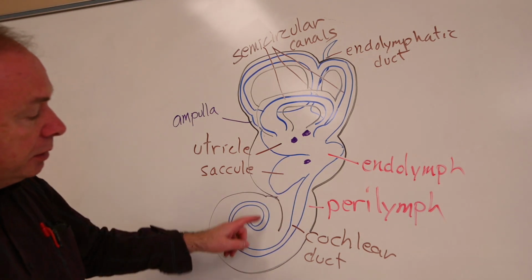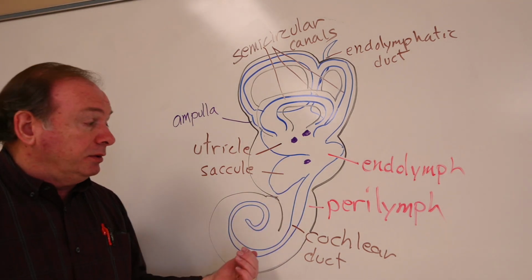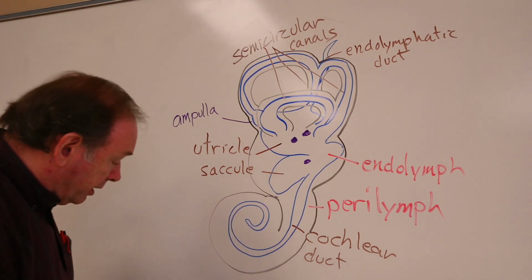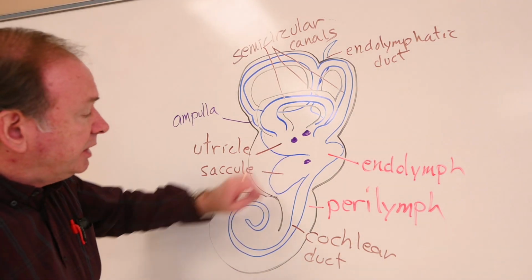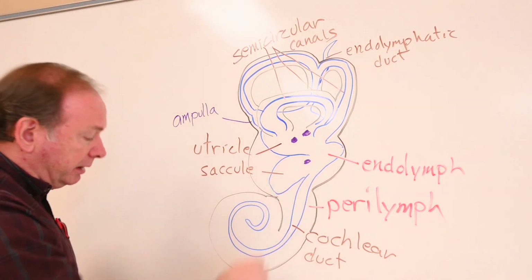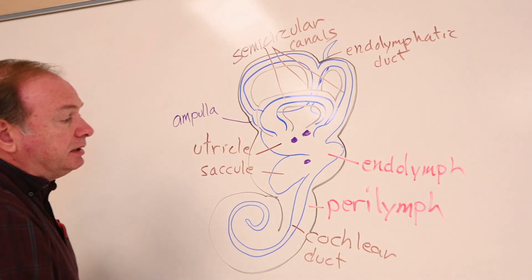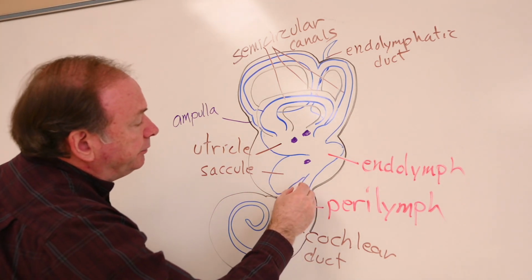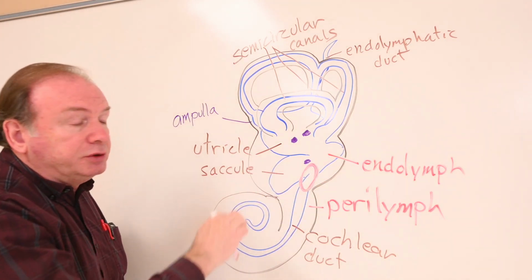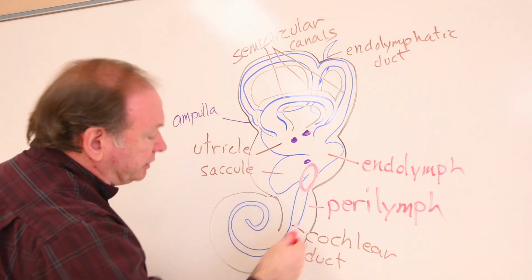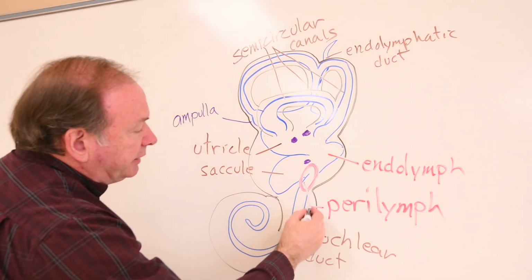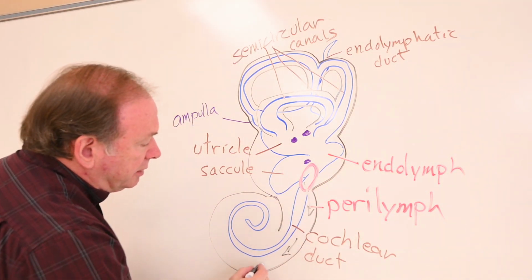It's down here in the cochlear duct that we detect sound. So all of our hearing is transduced down through here. On the wall of the vestibular portion, on the wall of the outer part, the perilymph part, there is what's called the oval window where the middle ear bones connect and transduce the sound and transmit that sound into the fluid that surrounds the cochlear duct.